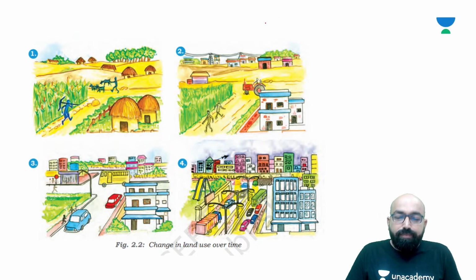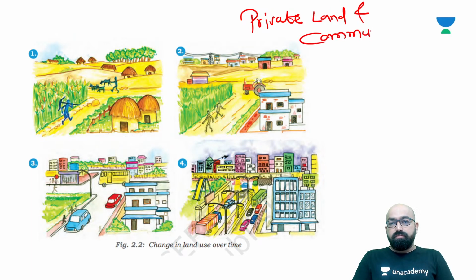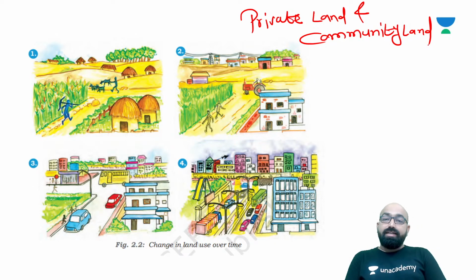Private land is owned by individuals, whereas community land is owned by the community for common uses like collection of food or fruits, nuts, and medicinal herbs.